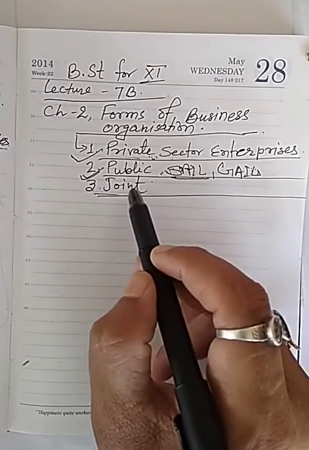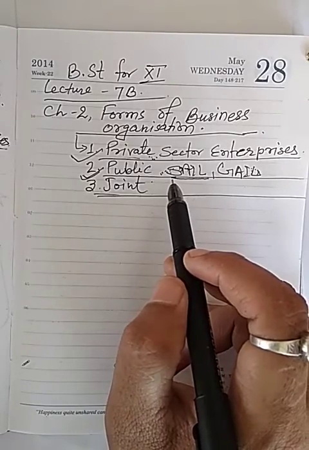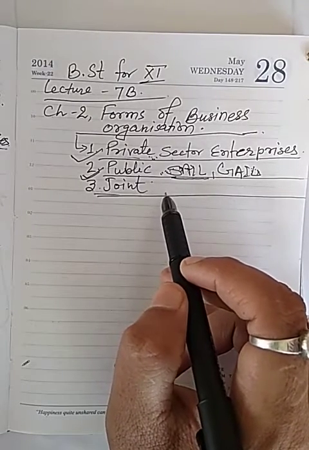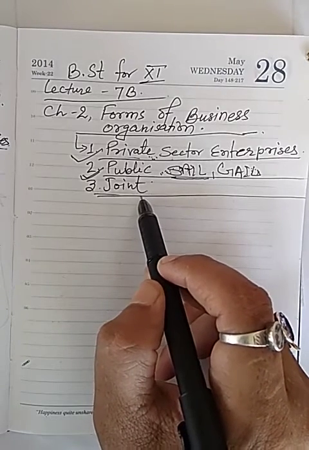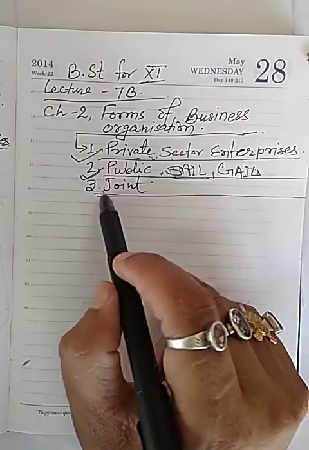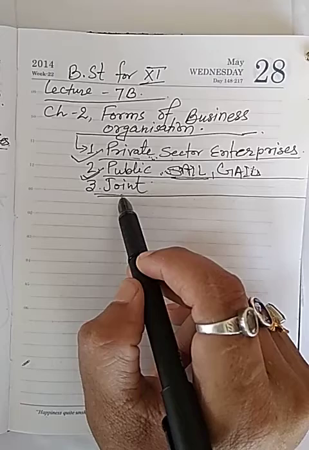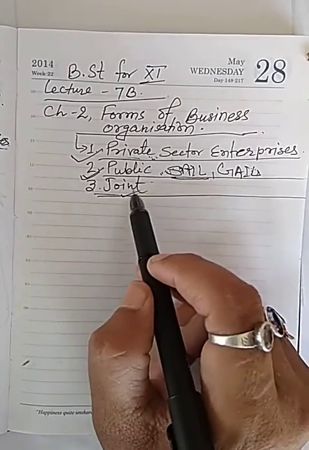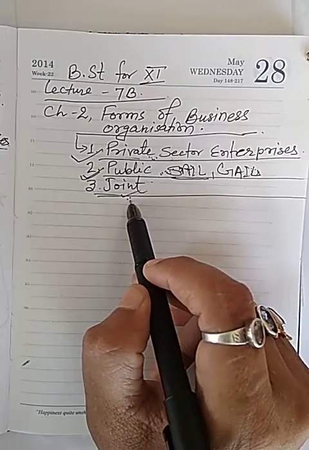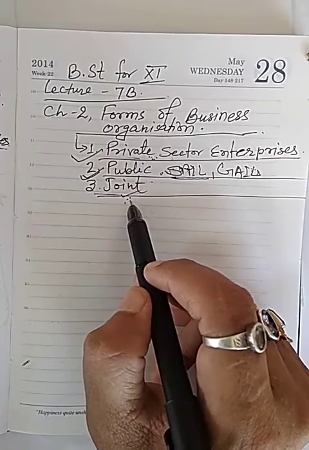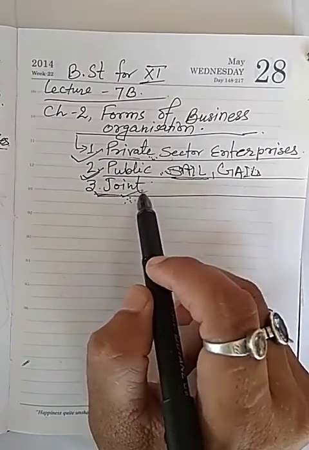In these enterprises, the day-to-day management lies in the hands of private entrepreneurs, whereas the government exercises control and supervision through its members on the board of directors. Example: Maruti Udyog Limited, Cochin Refineries, etc. are examples of joint sector enterprises.